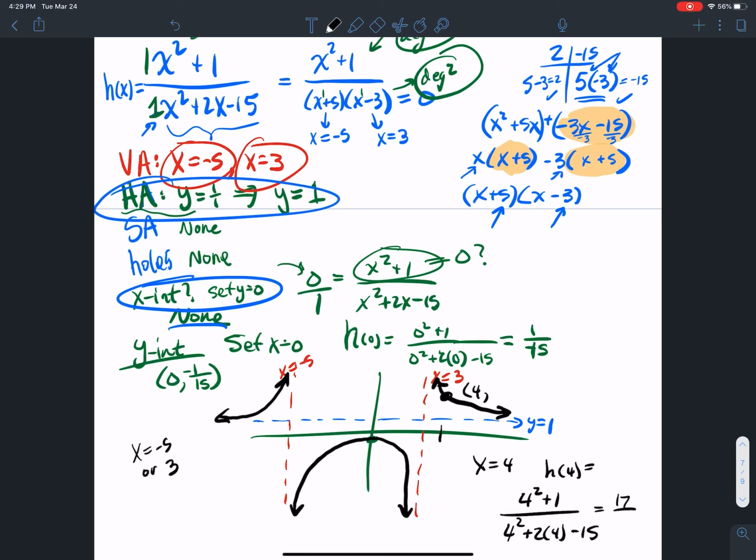That's 9, right? Did I do that right? Yeah. So 17 over 9, that's just shy of 2. So that would be how you would find another point if you were asked to find another point on the graph.